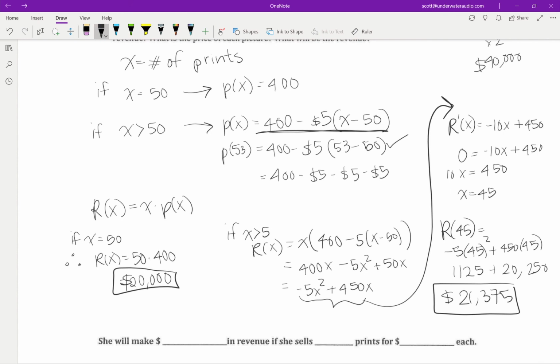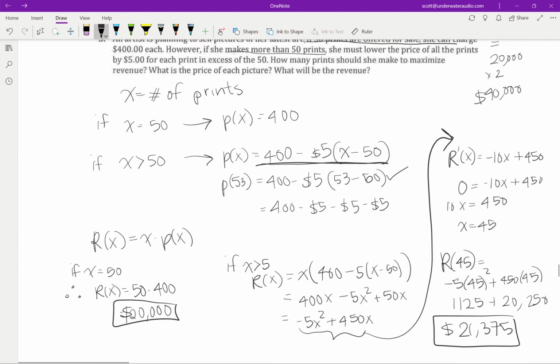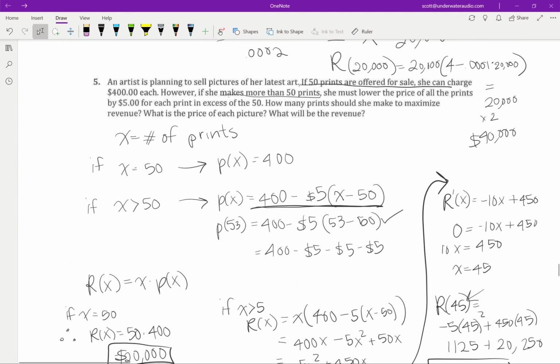The only trouble here, though, is that R of 45 was what I found to be my critical point. But if you read the problem, that's not an option. If 50 prints are offered for sale, she can charge $400 each. However, if she makes more than 50 prints, she must lower the price of all the prints by $5.